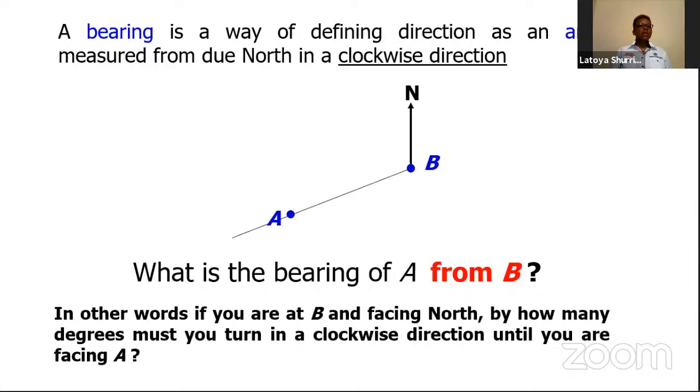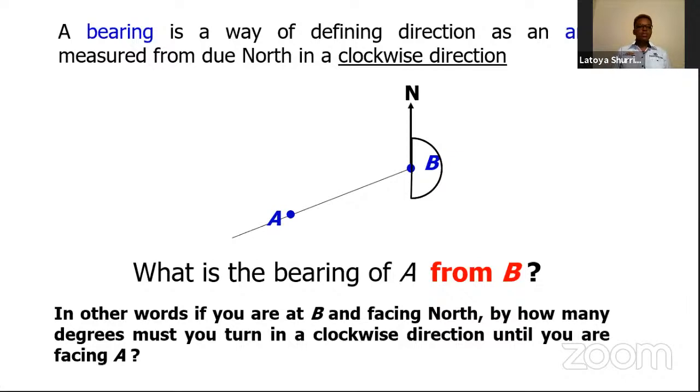And so in other words, you are at B facing north. By how many degrees must you turn in a clockwise direction until you are facing A? So you want to think about bearings like that. And you can undo the movement, you know. So standing facing forward, you want to get to a particular point and you make a clockwise turn.